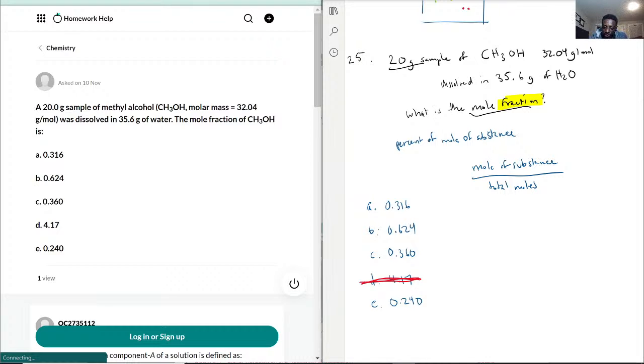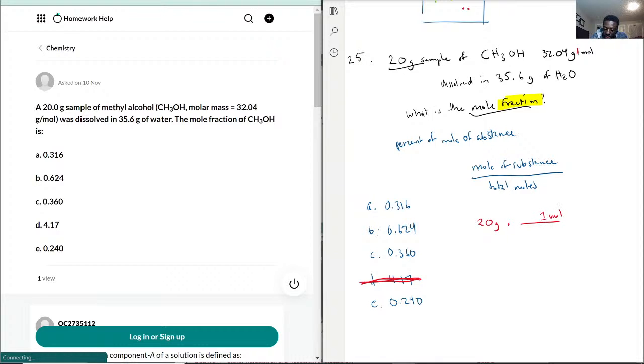So now, let's go right to actually solving the question. I'm going to write in red. You're probably wondering, how do we find the total moles? They were gracious enough to give us the grams and the grams per mole. Using that same formula, we can find the amount of moles for CH3OH. Remember, we want to make sure that whatever we want is at the top.